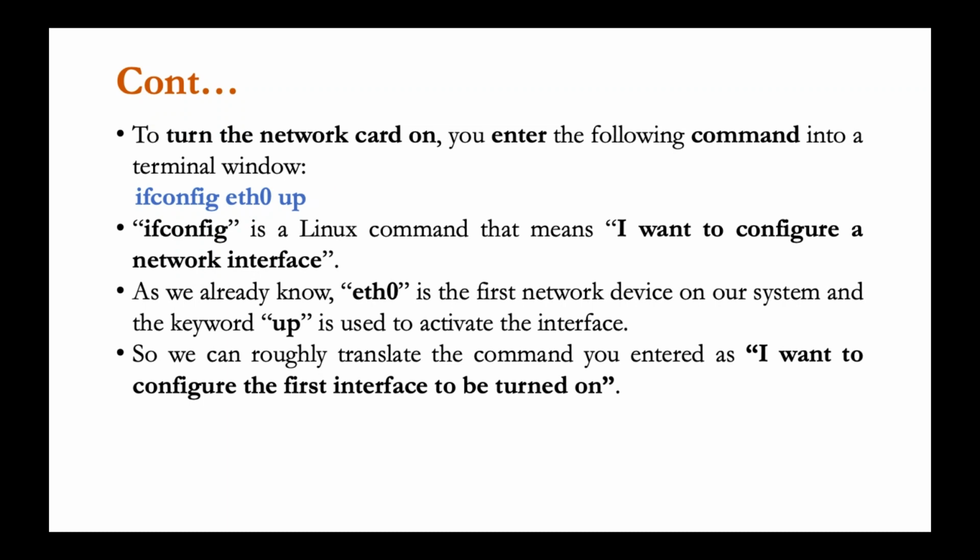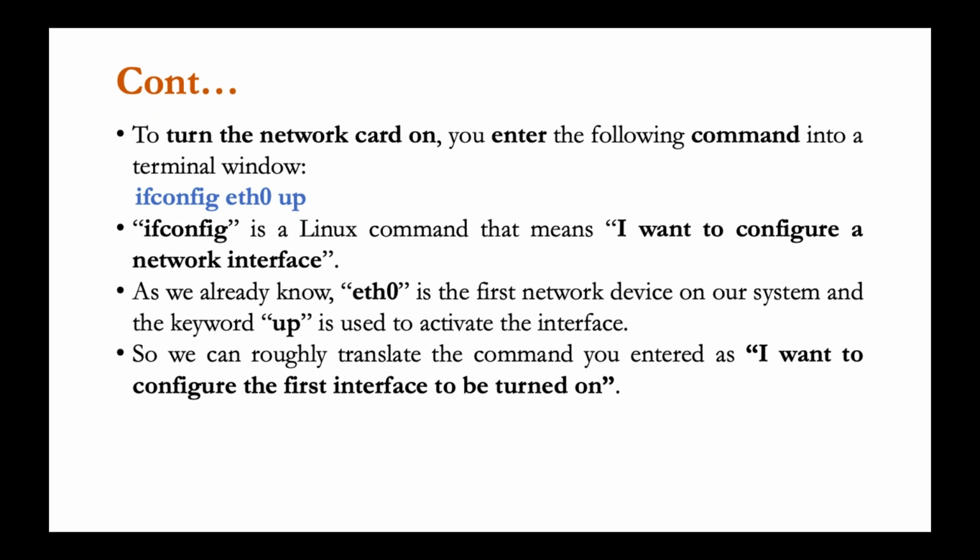By giving this command, let us examine it. This command is more detailed. ifconfig is a Linux command that means I want to configure a network interface. As we already know, Ethernet port 0, eth0, is the first network device on our system, and the keyword up is used to activate the interface.